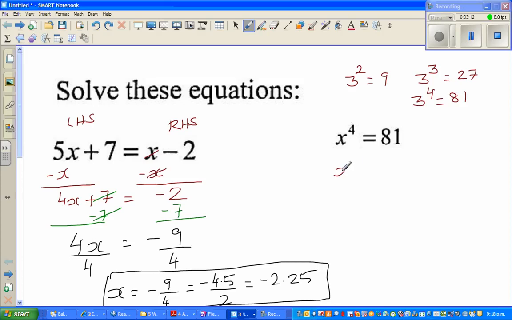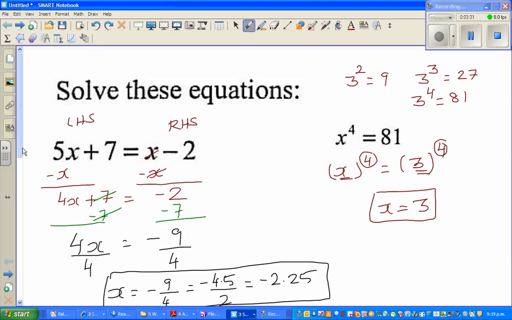So I can say x to the power 4 is the same as 3 to the power 4. So now you can compare the left hand side and right hand side. So you can say x is equal to 3, just like that.